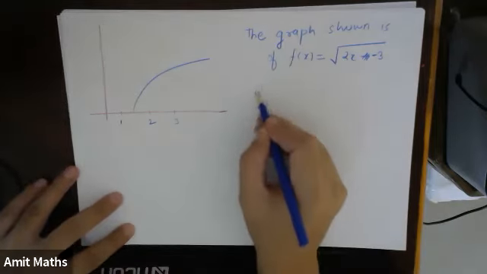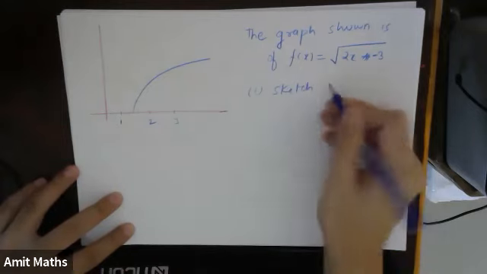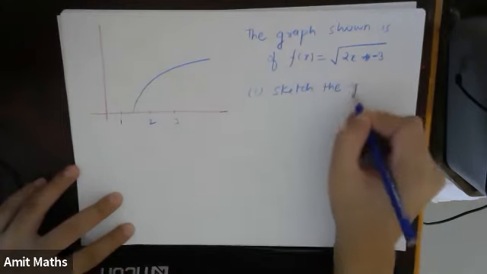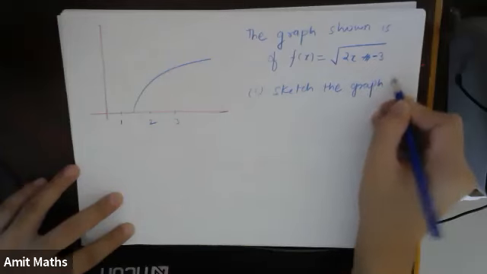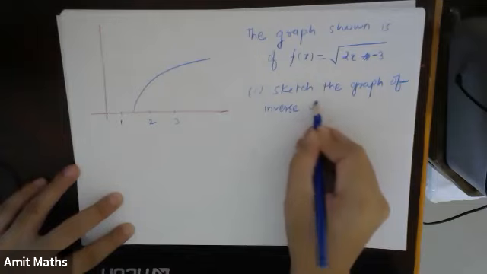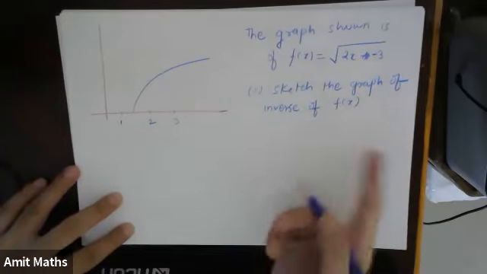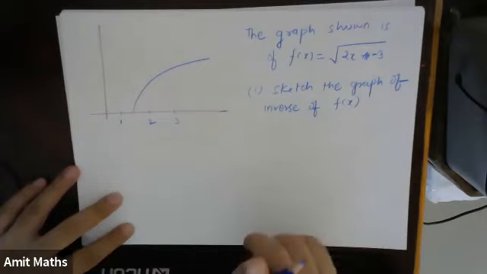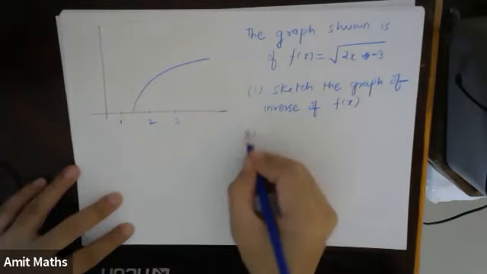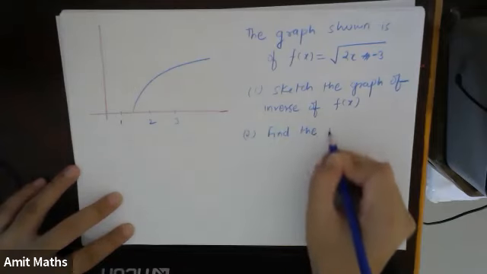Okay, so the parts are, first is sketch the graph of inverse of f of x. First you have to draw the graph of inverse of f of x. And second is find the inverse function.